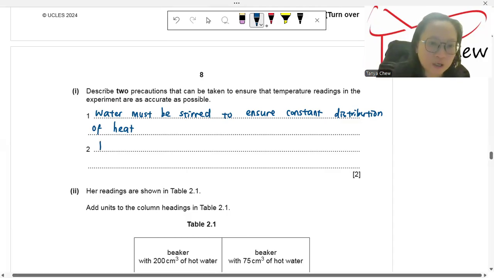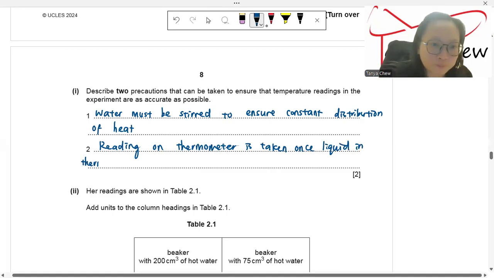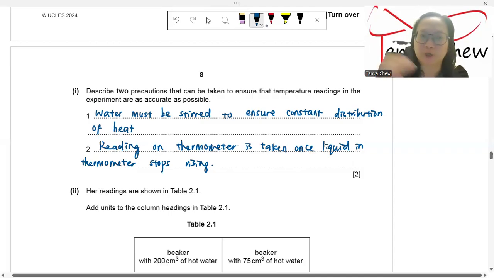So I say reading on thermometer is taken once liquid in thermometer stops rising. So you need to give time to the thermometer. You need to give time to the liquid inside the thermometer to expand.